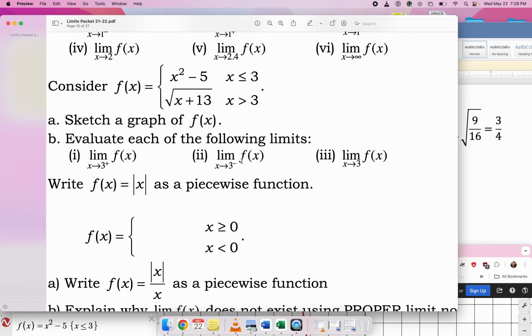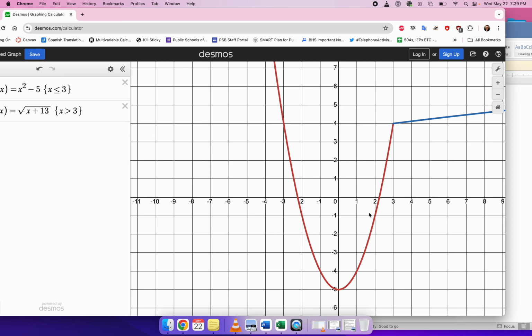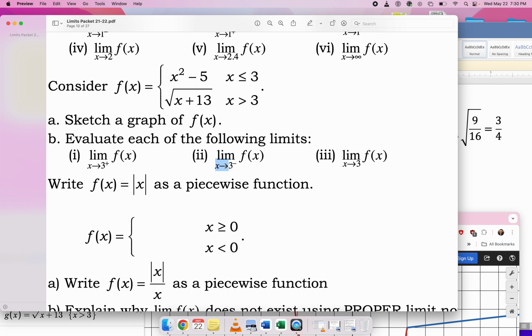Likewise, this guy here, limit as x approaches 3 from the left, if you have the graph in front of you, it's perfectly clear that the left-hand limit is also 4. But if you don't have the graph, you can just say to yourself, as x approaches 3 from the left, that means that x is less than 3, so 2.8, 2.9, and throughout that region, we're in this region here, that region is governed by this function, and so to evaluate this limit, I would plug 3 into this function, which would be 3 squared minus 5, so 9 minus 5, which is 4.